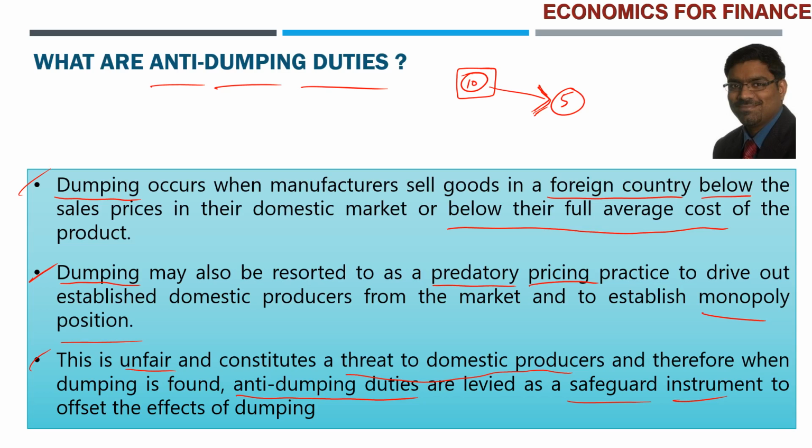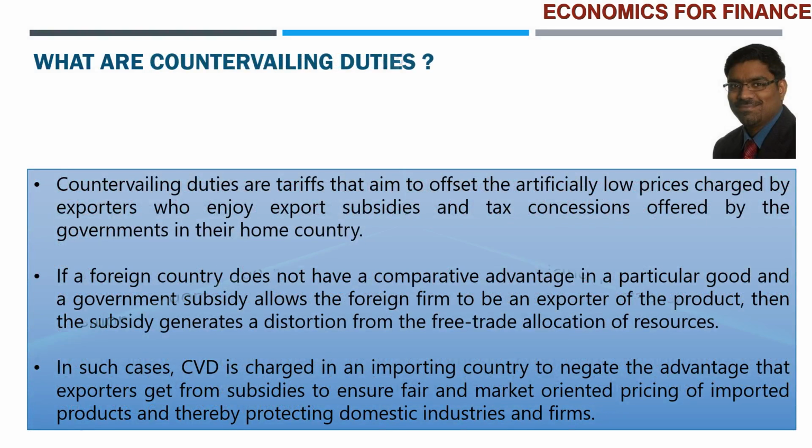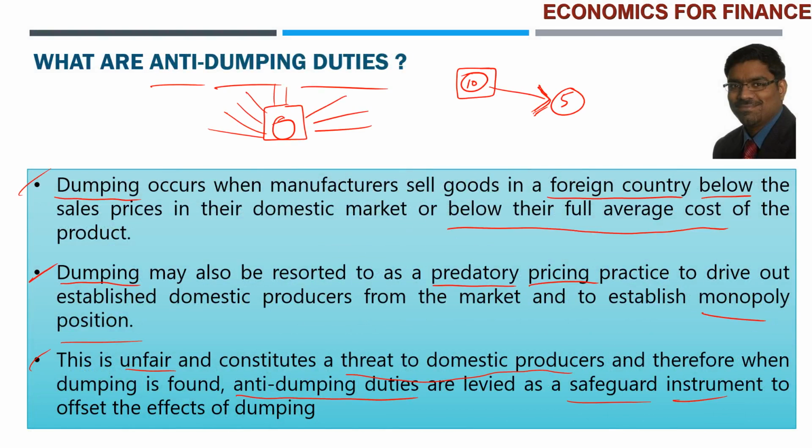Whenever they feel that there is a flood of imports coming from another country, which is going to affect the domestic market, to protect the domestic market from this flood of goods coming from almost the entire world, they will resort to levying anti-dumping duties. So the effect of this dumping should be nullified. That's what governments try to do. That is called anti-dumping duties.